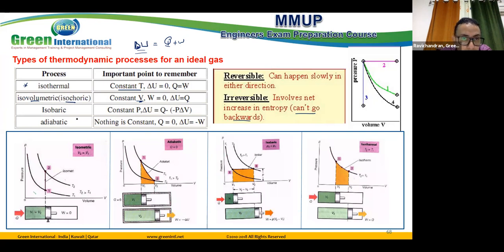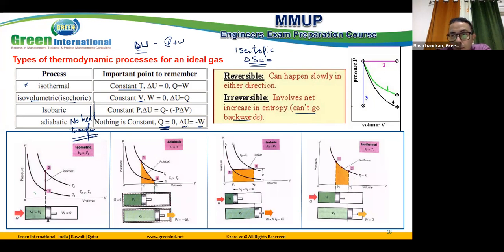So Q equals 0, and the change of internal energy is equal to work. And isentropic, which we already discussed in the last slide, means entropy is constant.